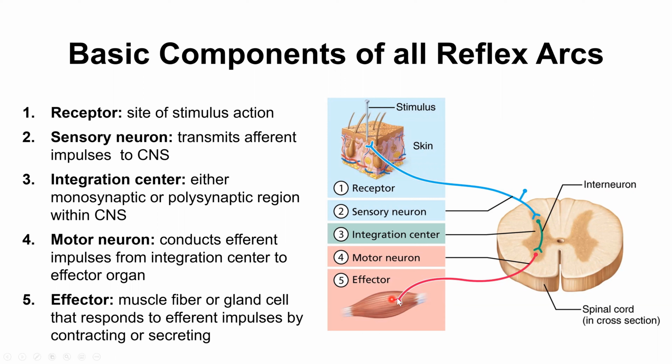In this example, the effector is a muscle, but in general, an effector can be either a muscle fiber or a gland cell that's going to respond to the efferent impulses by either contracting, so for example, the muscle would contract, or by secreting a substance if this is a visceral reflex where something like a gland would be stimulated. Okay, so all reflexes contain these 5 basic components.